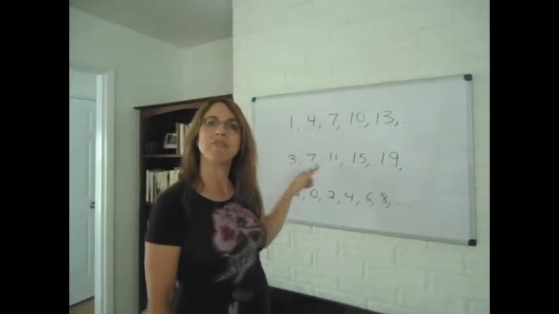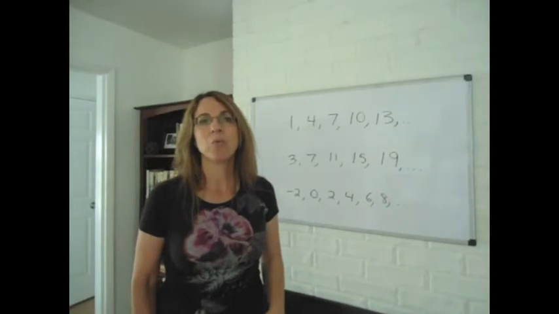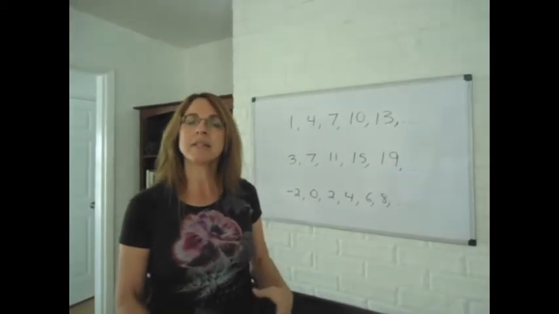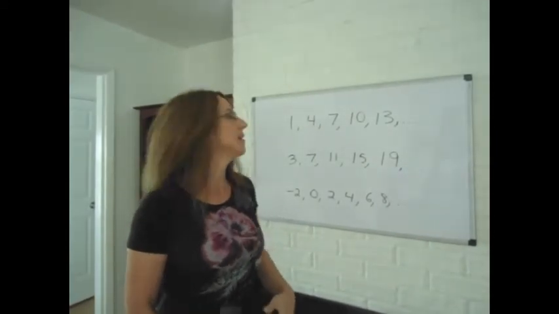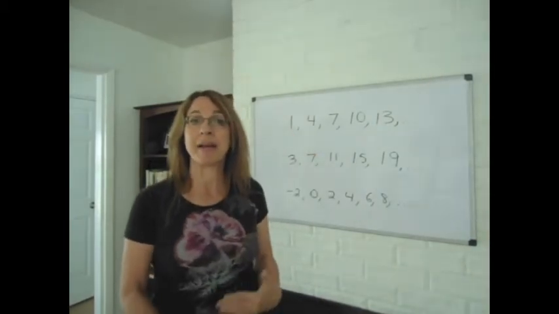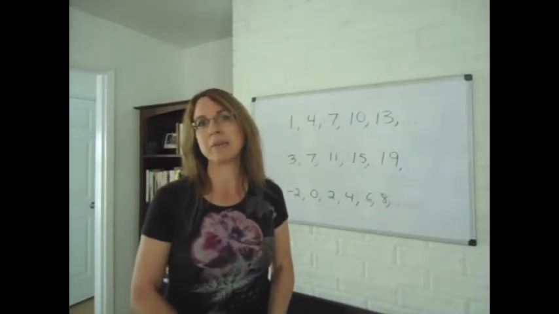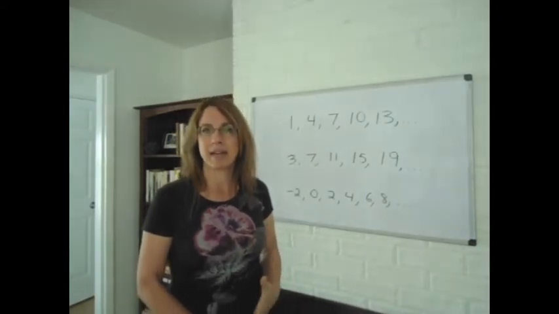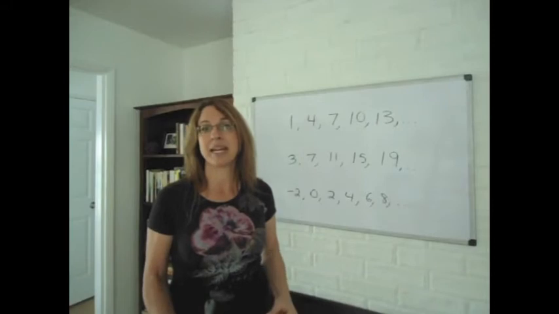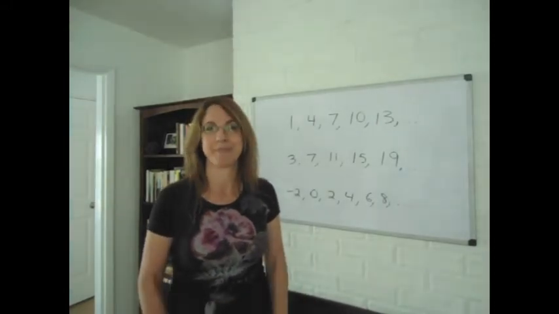This next one's going up by 4, this next one's going up by 2s. When we look at a sequence and can identify that it's going up by a common number, a common difference we call it, then we know that we're dealing with an arithmetic sequence. And when we can recognize that a sequence is arithmetic, it makes things so much easier, and I'll tell you why in just a second.